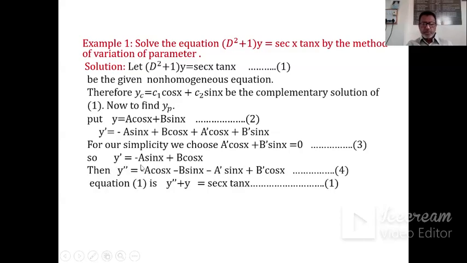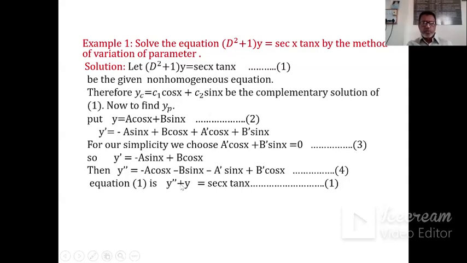Now from this we find y double dash is equal to minus A cos x minus B sin x minus A dash sin x plus B dash cos x. And then from these three equations, equation 2, equation 3, and equation 4, we substitute these values in equation number 1.